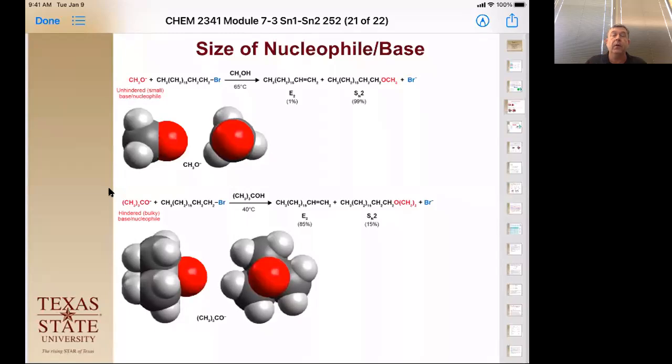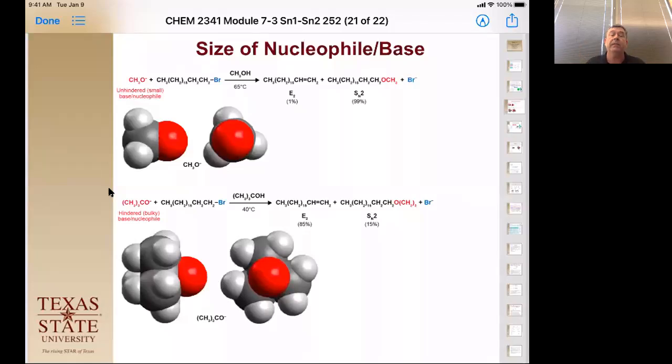Okay, they're still strong nucleophiles. We saw that before, and they're strong bases, but they're small enough that the kinetic reaction goes first. Remember, nucleophilicity is kinetic. Basicity is thermodynamic or equilibrium.